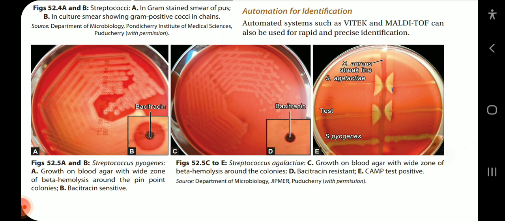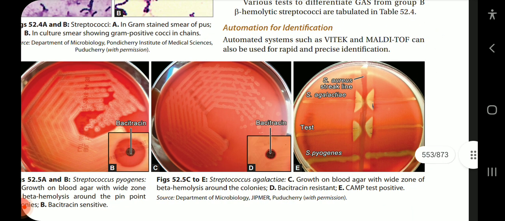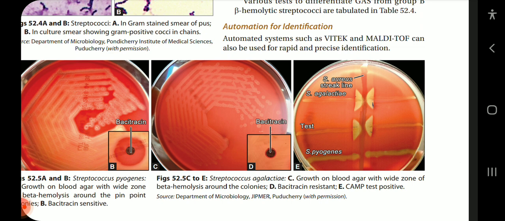Now in this figure 52.5 a and b, we see the Streptococcus pyogenes growth on blood agar with a wide zone of beta hemolysis around the pinpoint colonies, and figure b shows that it is bacitracin sensitive. In figure 52.5 c to e, of Streptococcus agalactiae, c shows growth on blood agar with a wide zone of beta hemolysis around the colonies.